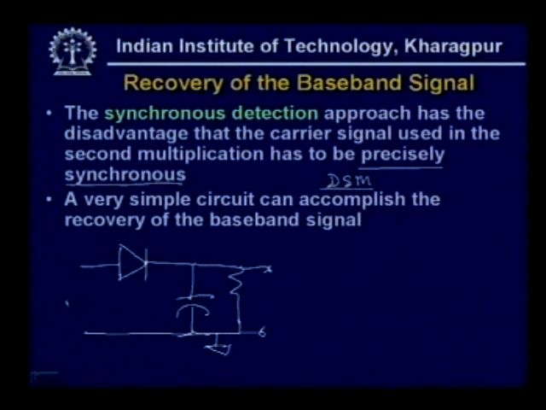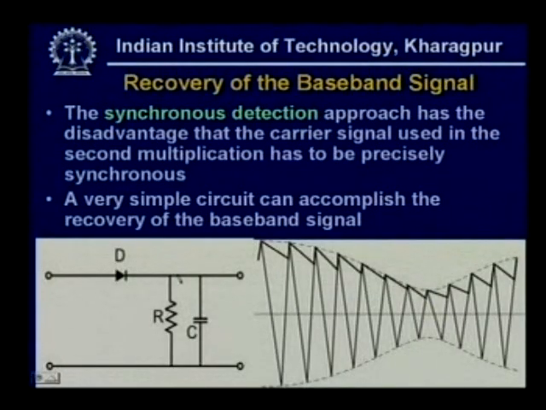Here you apply the modulated signal, here you will get back the baseband signal. This type of simple circuit can be used if we use DSB signal. That means there is no need for synchronous detection. A diode, resistor and capacitor combination can be used to get back the original signal.